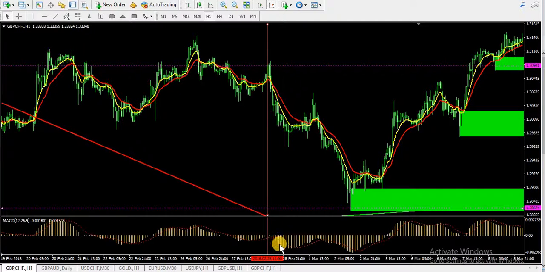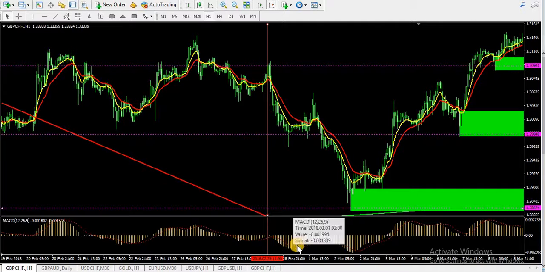I use this to tell me the volume of people entering. You can see the volume started small, and the red line is showing you this thing is strongly bearish. The volume of people is increasing, and then as you can see, when the MACD starts reducing here, at the resistance line, the volume of people starts reducing.